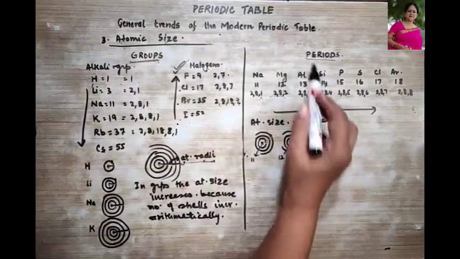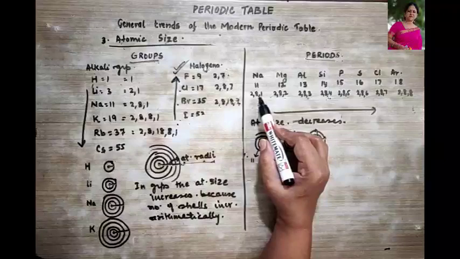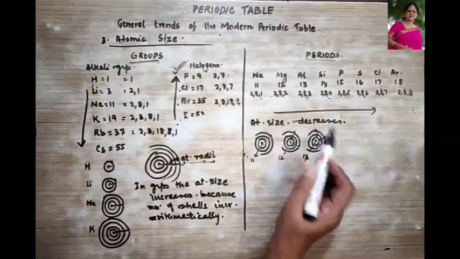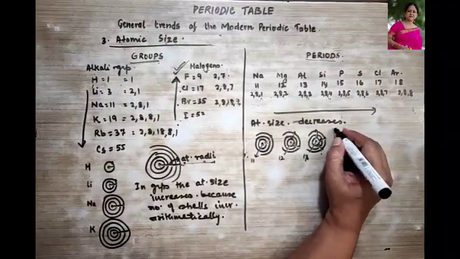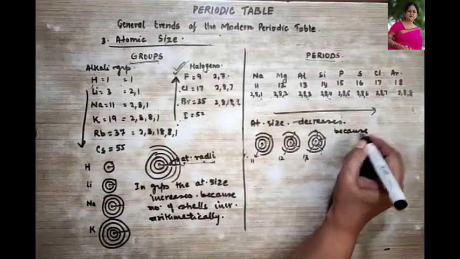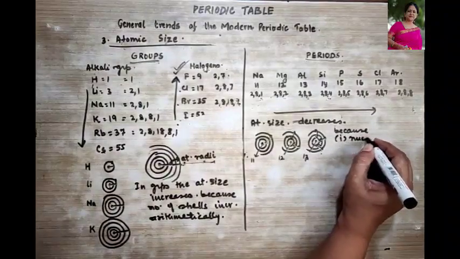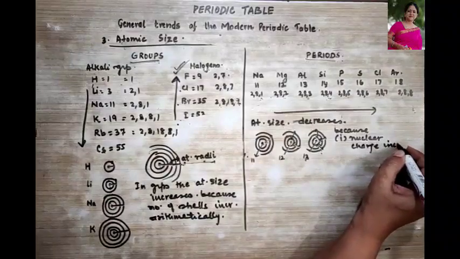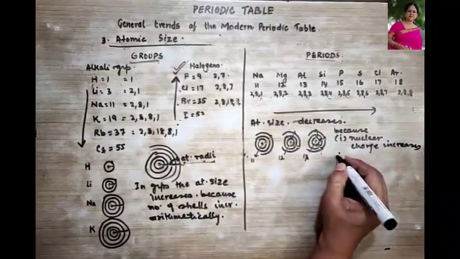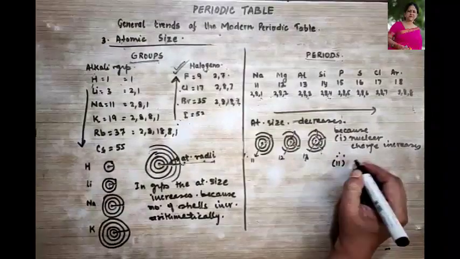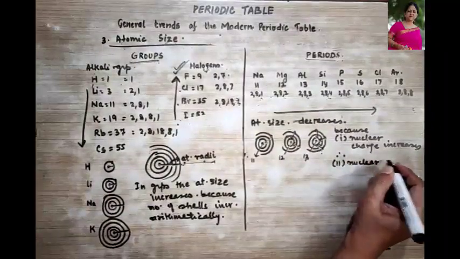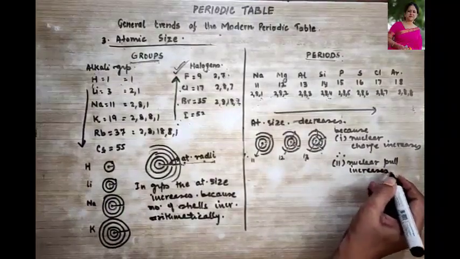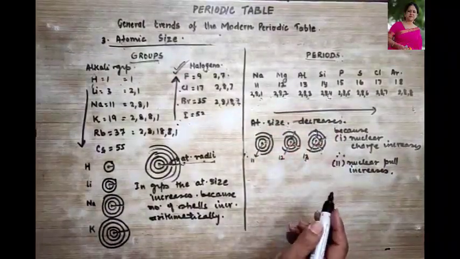So what did we study in the period? That as we move from left to right, the atomic size decreases. Now why atomic size decreases? Reason I told you: point 1, nuclear charge increases, therefore point 2, nuclear pull increases, hence atomic size decreases.